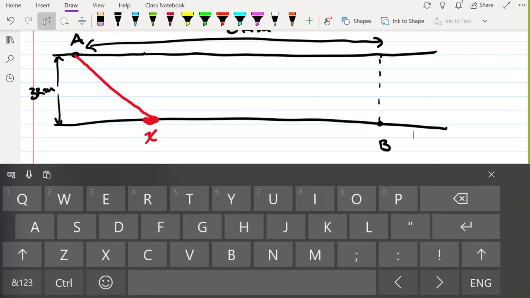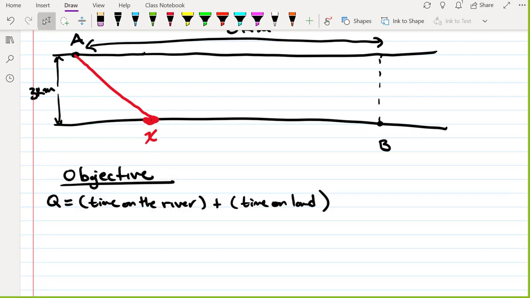All right, so to do this, we need to figure out, well, how long is he going to be on the river and how long is he going to be on land? To help us, we have our following equation that distance is equal to rate times time. If we solve that for t, it says that time is equal to distance divided by rate.